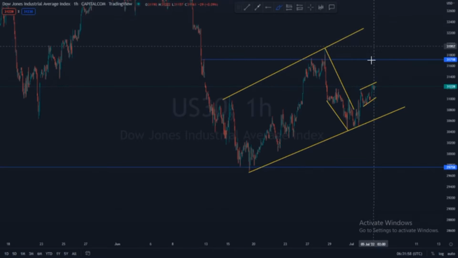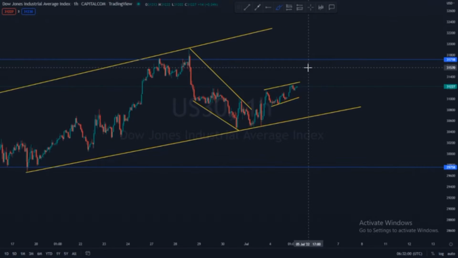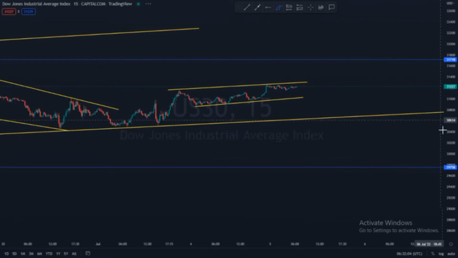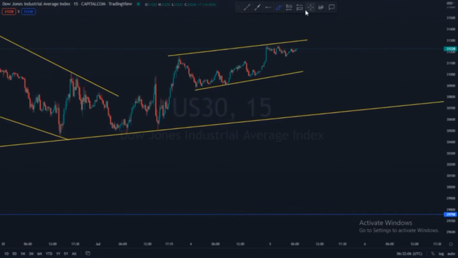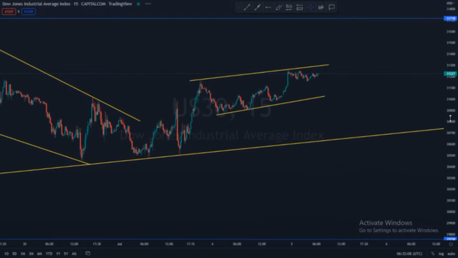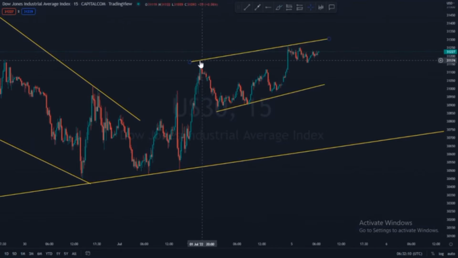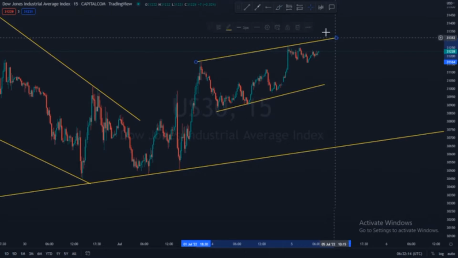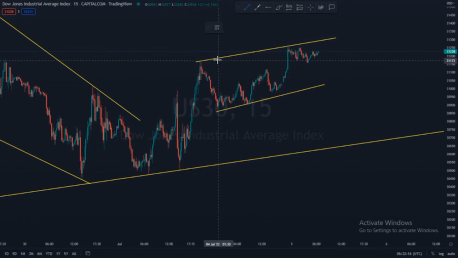Okay, so when you look on the M15, I think you can see much clearer what I'm saying. So you have this session and this session, and then you divide this session, which is our first session.